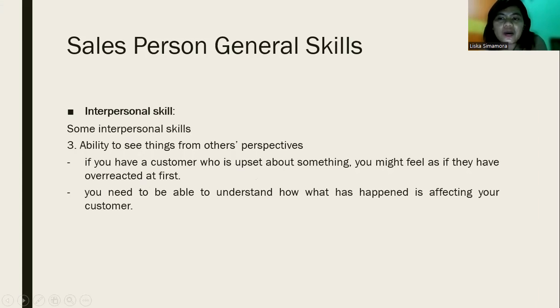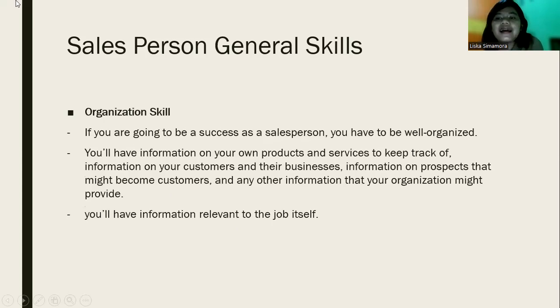We say, oh, you just exaggerate things. But maybe for that person, it is a big problem, but for us, no. We have to respect that. We have to be able to accept the reaction. You need to be able to understand how what has happened is affecting your customer. Okay, that is interpersonal skill.